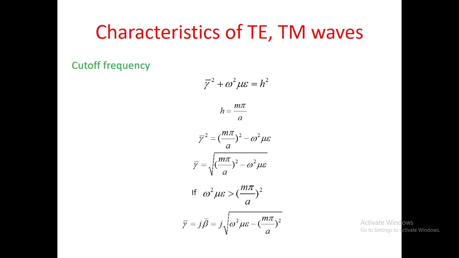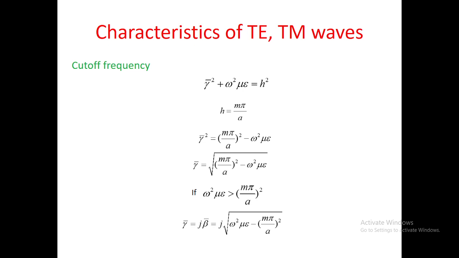Coming to cutoff frequency for the parallel plane waveguide. Here gamma bar square plus omega square mu epsilon equal to h square. Here h equal to m pi by a, m is an integer, a is the distance between two conducting walls.